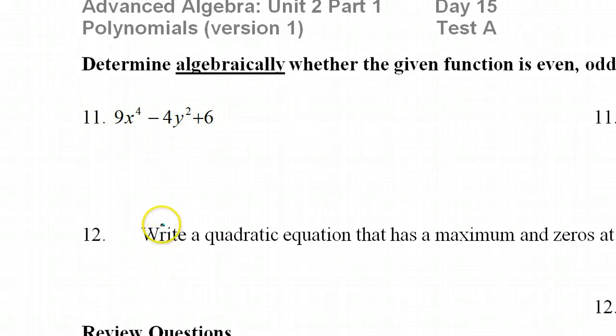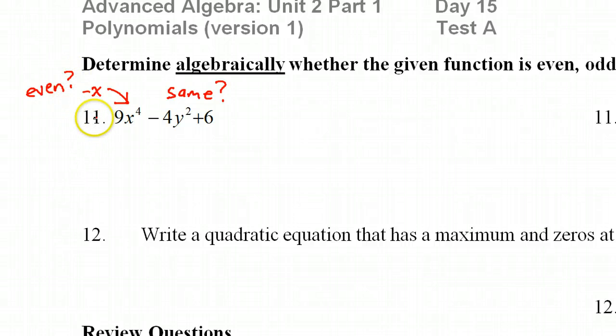The way you test to see if something is an even function is, if I plug in negative x, it should stay the same. Alright? That's how you test for even. So that's what I'm going to do.